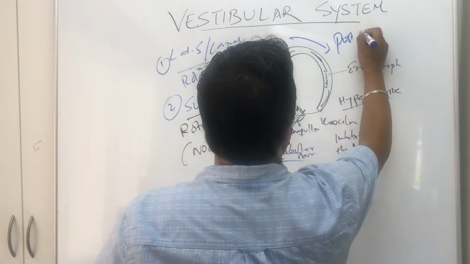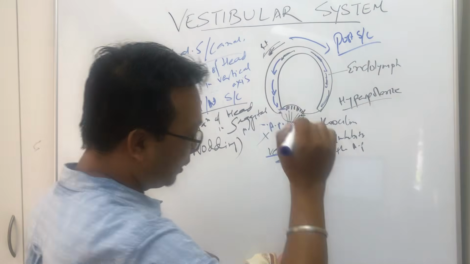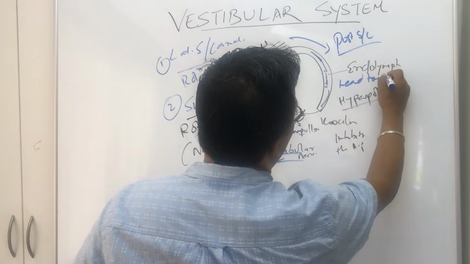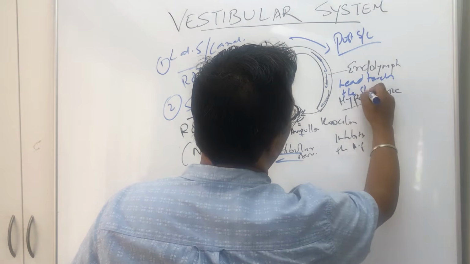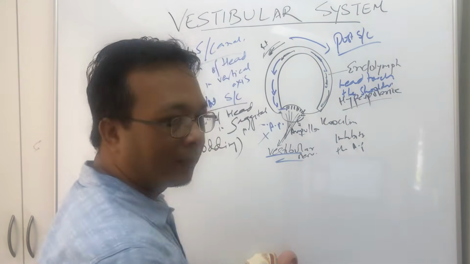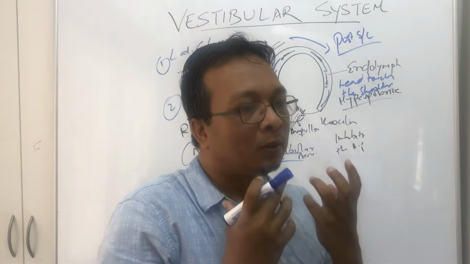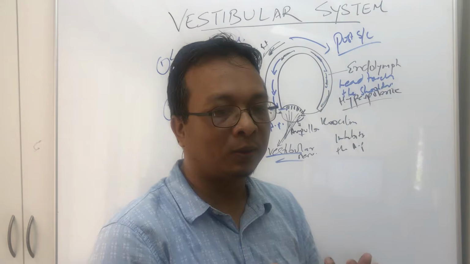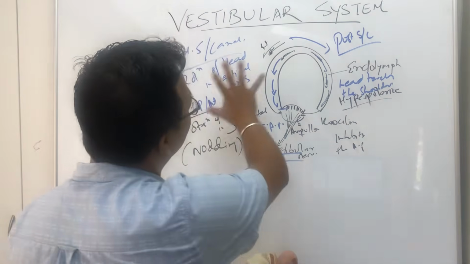So the posterior semicircular canal tells about the head touching the shoulders, the rotational movement of the head of around 30 degrees when your ears are touching the shoulders. Okay, so that is about the semicircular canals.